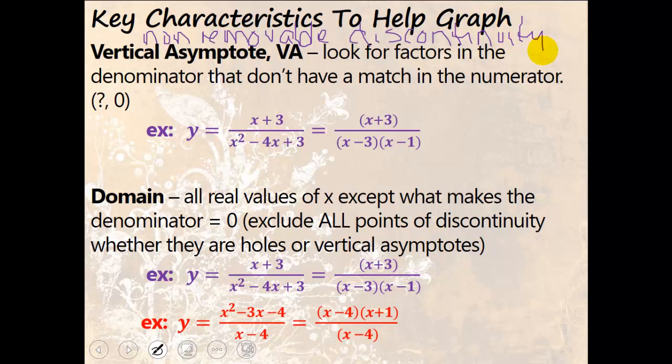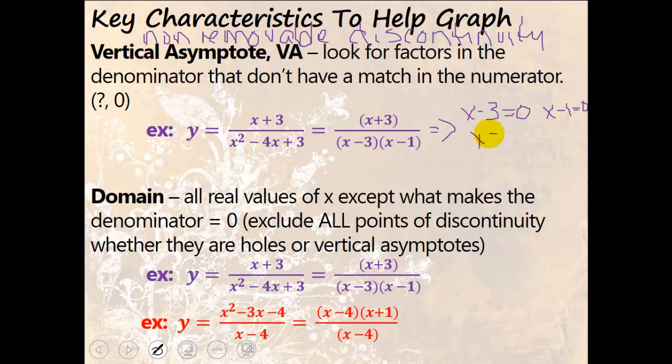Do you see how I start with y equals x plus 3 over this polynomial? The first thing I did was factor this polynomial. So I have to set both of my factors in the denominator equal to 0. So I get x minus 3 is equal to 0, and x minus 1 is equal to 0.